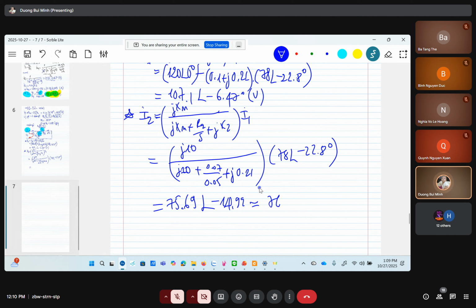That means nearly 76 with minus 15 degrees.